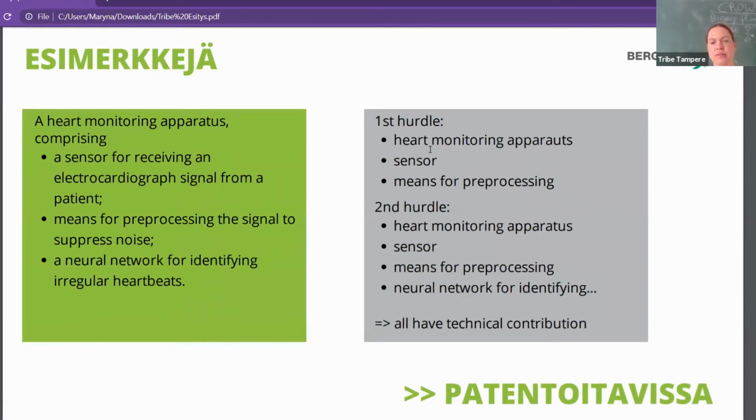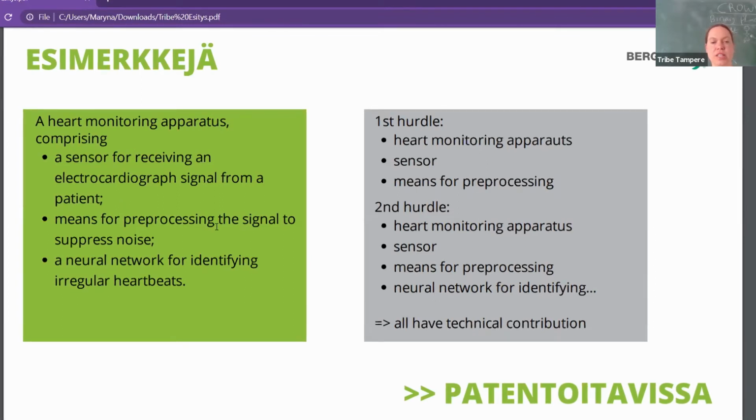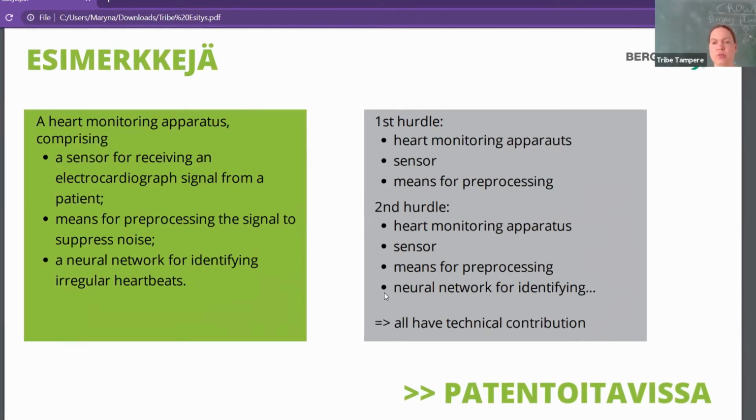And here you can see there are different devices, the apparatus, the sensor, and means for pre-processing, and also a neural network, and so they all have a technical contribution. So it is patentable.